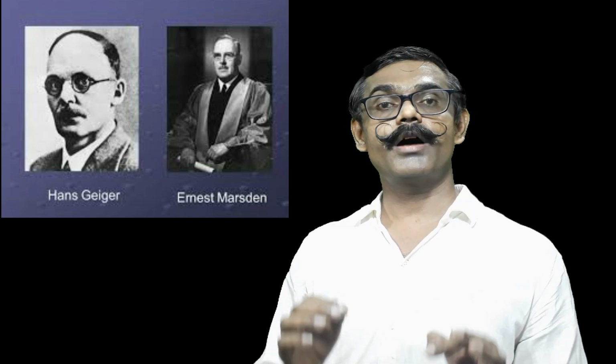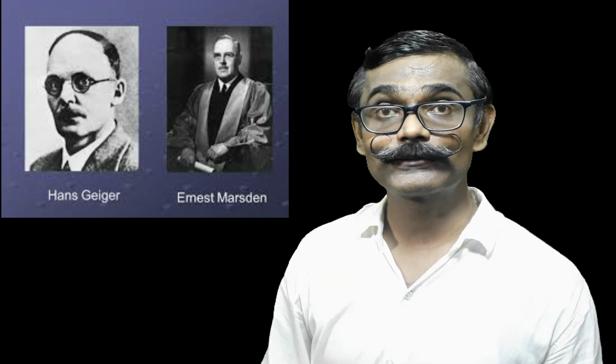In order to test this model of J.J. Thomson, Geiger and Marsden, students of Rutherford, conducted, under the direction of Rutherford, an alpha particle scattering experiment through gold foil. Let us see what that experiment is and what the output of that experiment was.